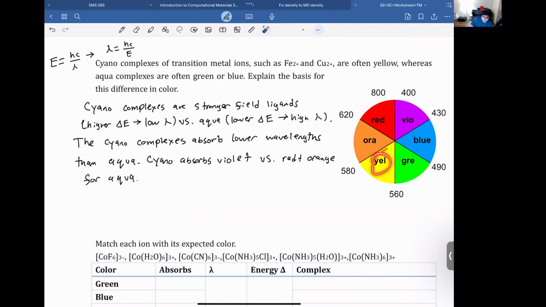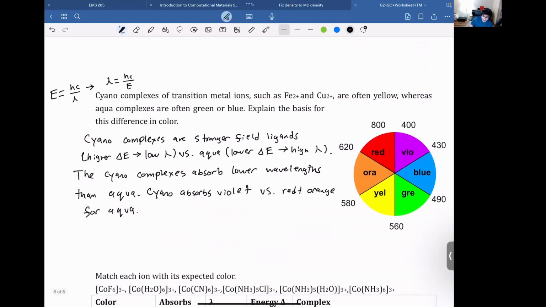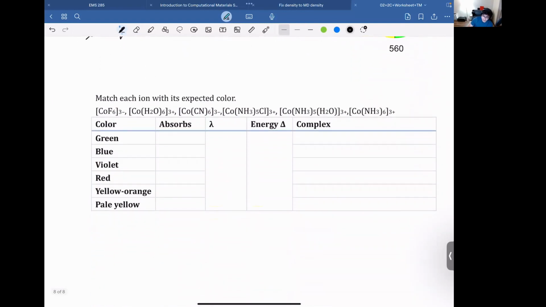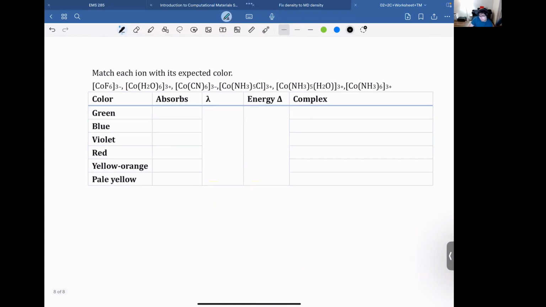Violet light absorption is at around 400 nanometers, versus red and orange at a higher wavelength, 620 to 800 nanometers. So that is consistent with what we're saying up here. That one absorbs at a lower wavelength than the other one.